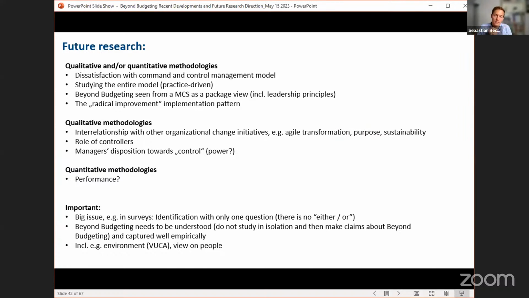Then focusing very much on only qualitative methodologies. What we observe a lot in the beyond budgeting community is a lot of people coming towards the community because, and I mentioned this, they are on an agile transformation. So they want to become very digital as a company. They want to be in an agile transformation. You also will have a very different leadership model. You will actually not tell people how they should be doing things.